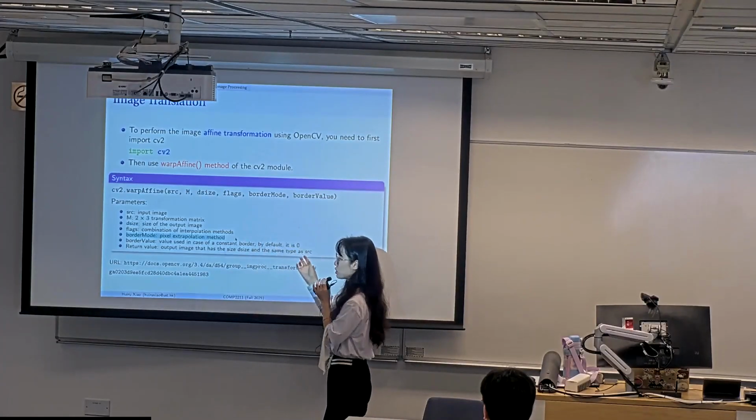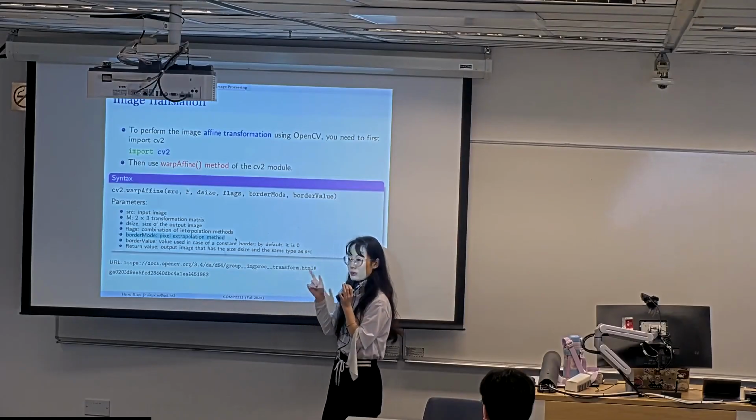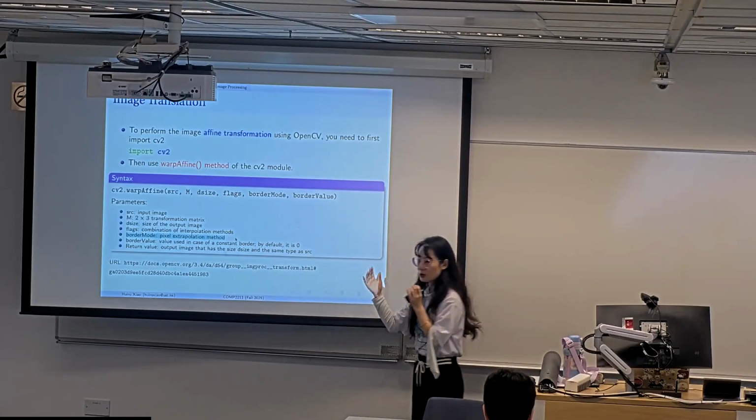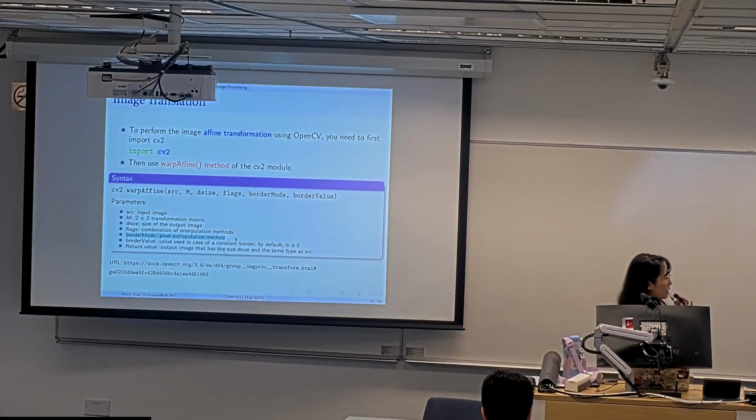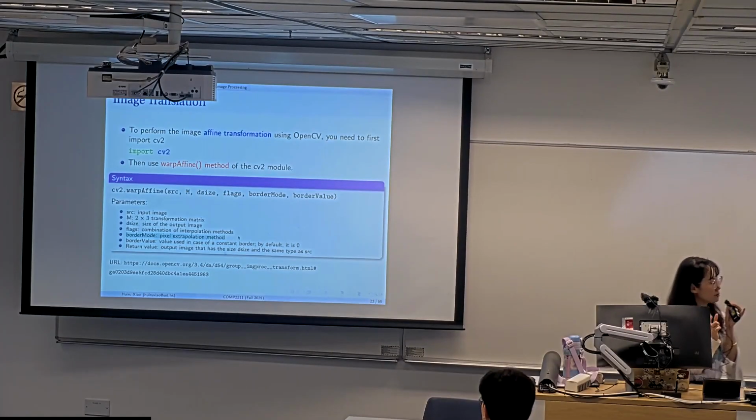Basically, it tries to get the value from neighboring pixels, but we won't cover too much. And the border value is the value used in case of constant border, and by default it's 0. This is related to the border mode, the pixel extrapolation method.